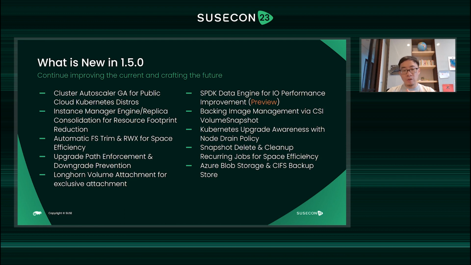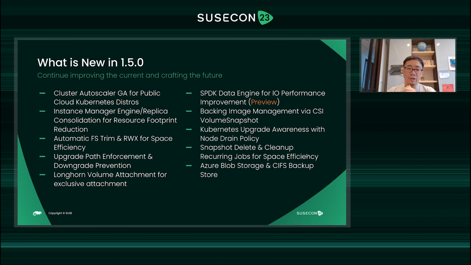However, there will be a cost: extra pre-allocated resources, especially CPU, for these pods. So in 1.5.0, we designed it to consolidate the engine and replica pods into one, to lower the pre-allocated resources for these pods. So you will lower the barrier for resource requirements when you use Longhorn, even during upgrade.